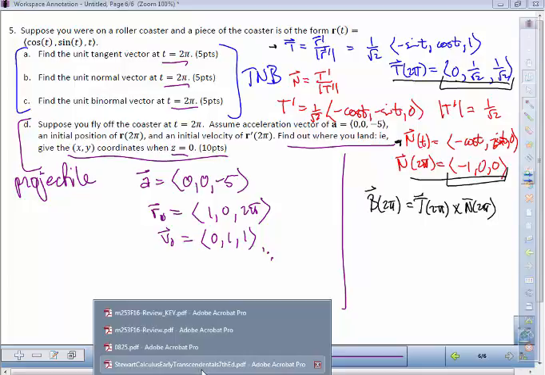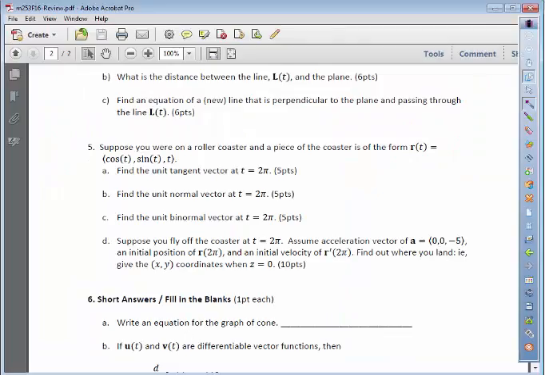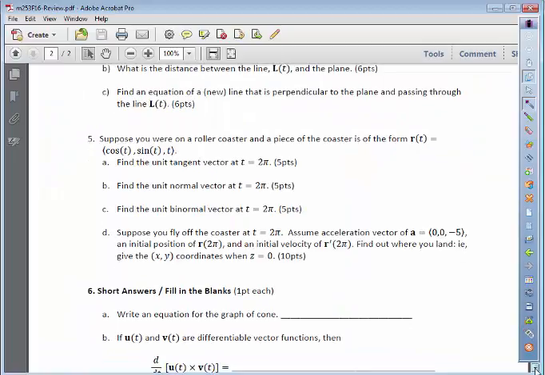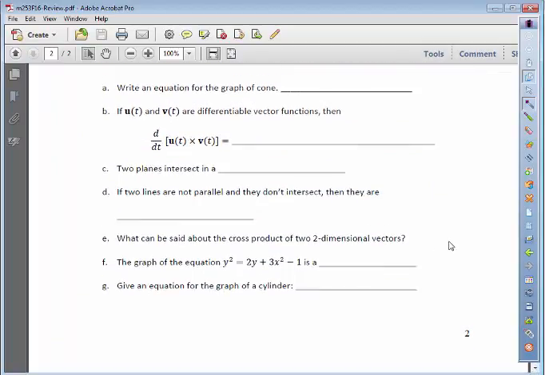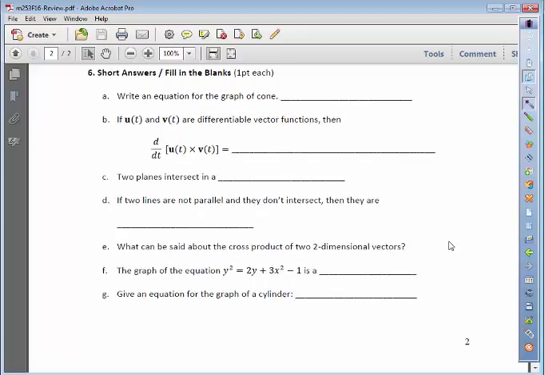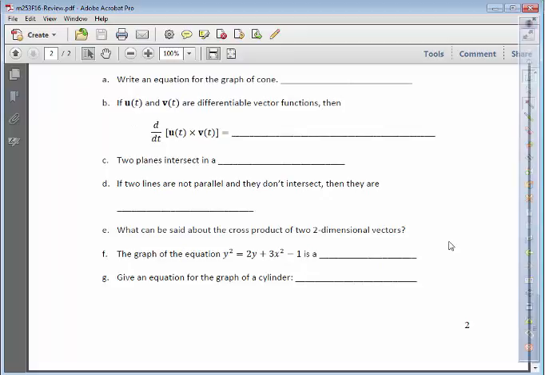We're supposed to assume that you're on a space coaster with no gravity. Well, the gravity is at 0, 0, negative 5.